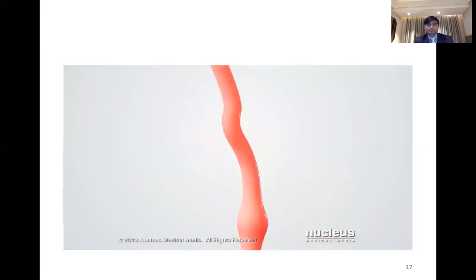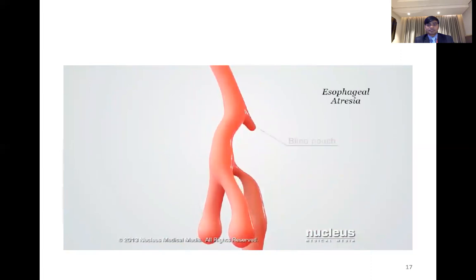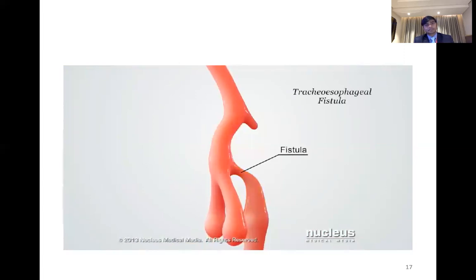For unknown reasons, the esophagus and trachea may grow and separate abnormally during this time. The esophagus may end in a blind pouch with missing gaps and be abnormally narrow. This absence or narrowing of a natural body passageway is called atresia. The esophagus and trachea may also have an abnormal connection called a tracheo-esophageal fistula.